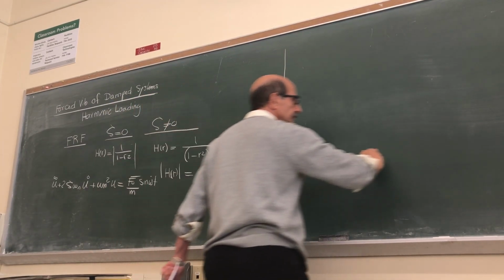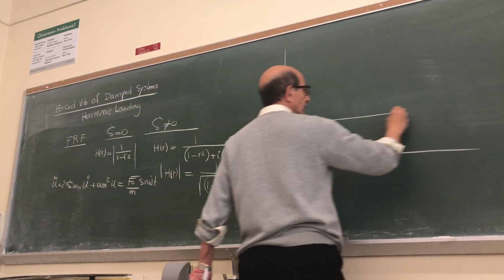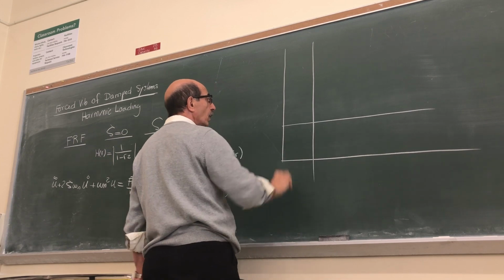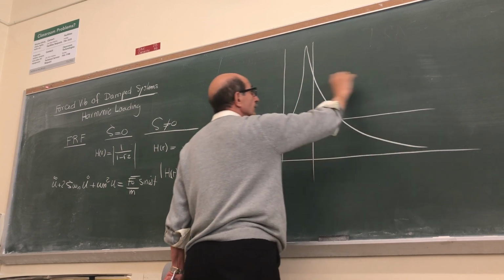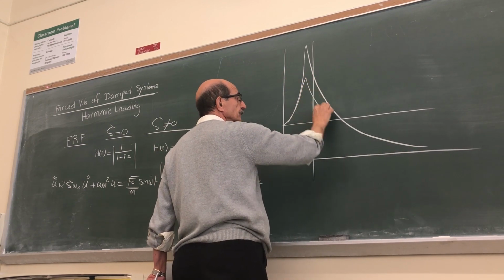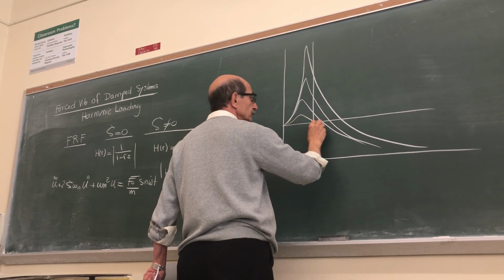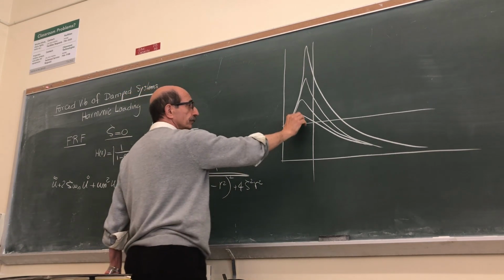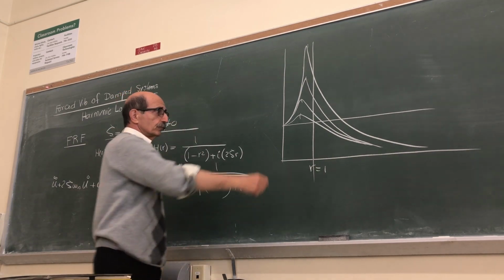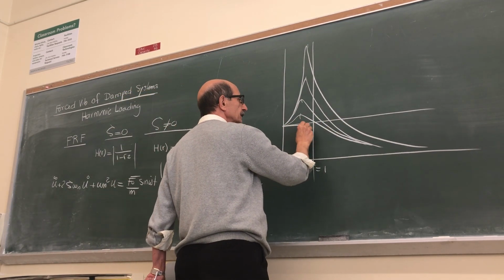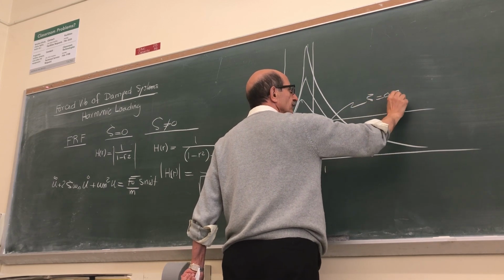I believe I did discuss all the details as far as what happens and why. As the damping increases, the peak shifts to the left of r equal to 1, up until we get to a damping ratio of zeta 0.707.